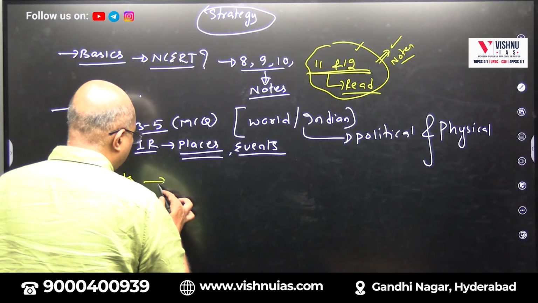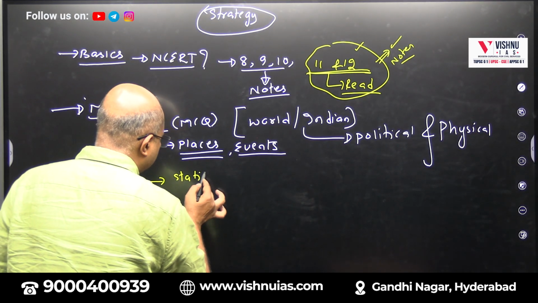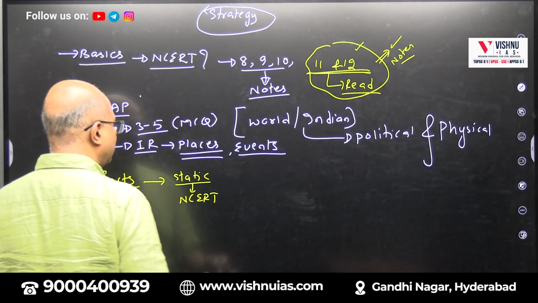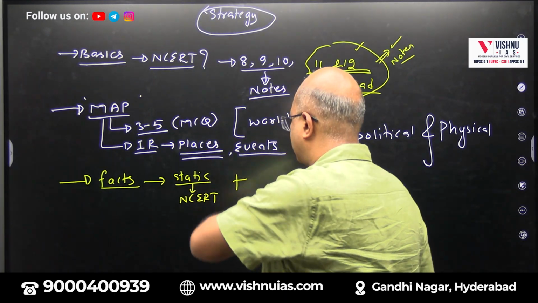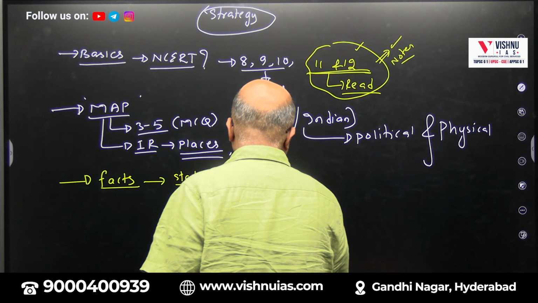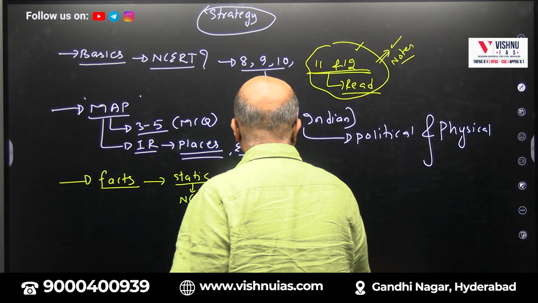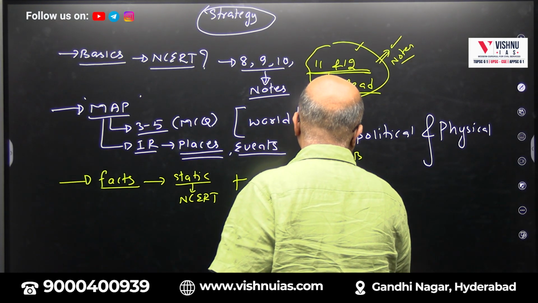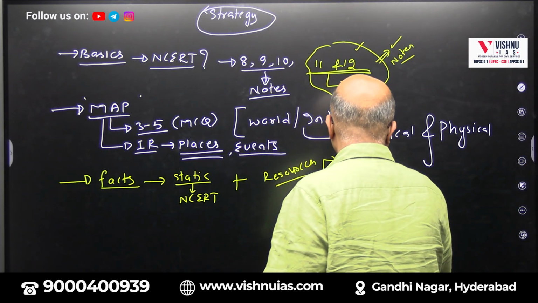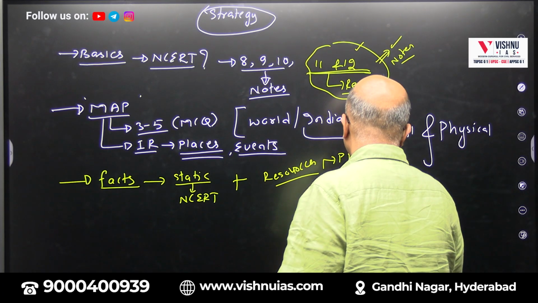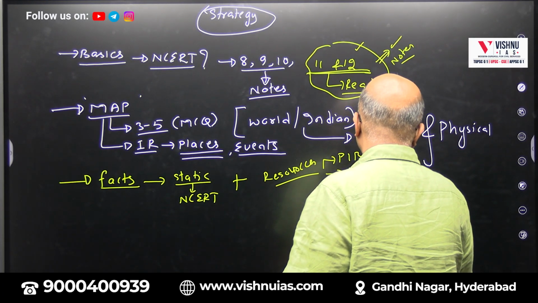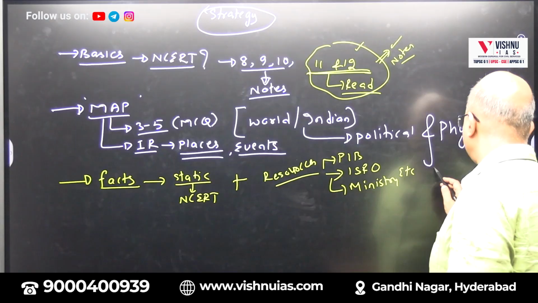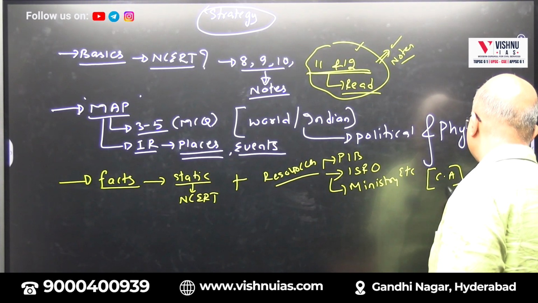Now these facts, the static part, you can take from NCERT, plus other facts you can take from relevant sources, or we say authenticated sources, like government publications, PIB, or the data given by ISRO, or the data given by different ministries, etc. So you have to accumulate static facts and also the data which are given, and generally we call it the data from current affairs.